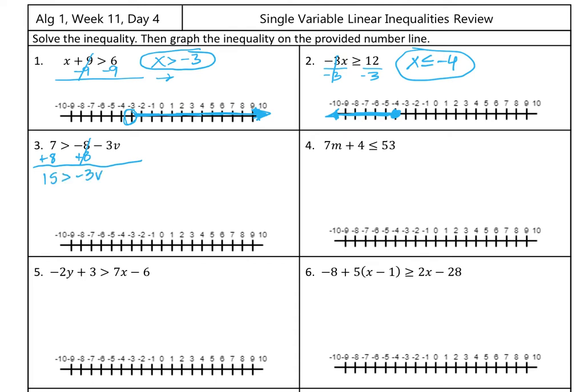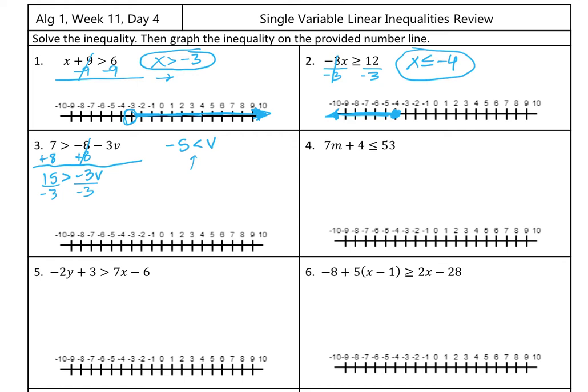But do notice that something annoying happens here depending on kind of how you do it. When I divide by -3, I have to flip the inequality. So -5 is now less than v. Remember that in order for us to say which direction is shading based on this and thinking of it like it's an arrow, v would need to be on the left side, not the right side.